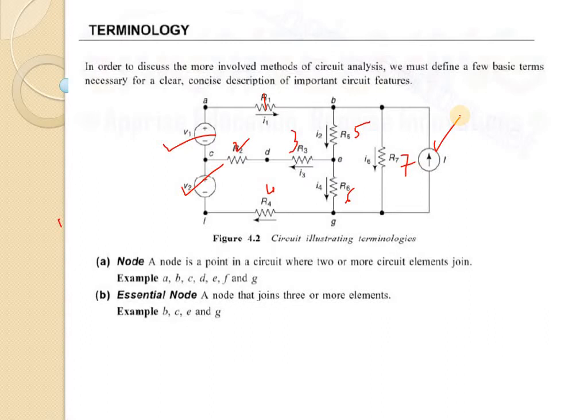Next we have to find which are the essential nodes. A node that joins 3 or more elements is basically an essential node. So for this case, the essential nodes are B, C, E and G. See, in these nodes multiple branches come together to form the actual node.